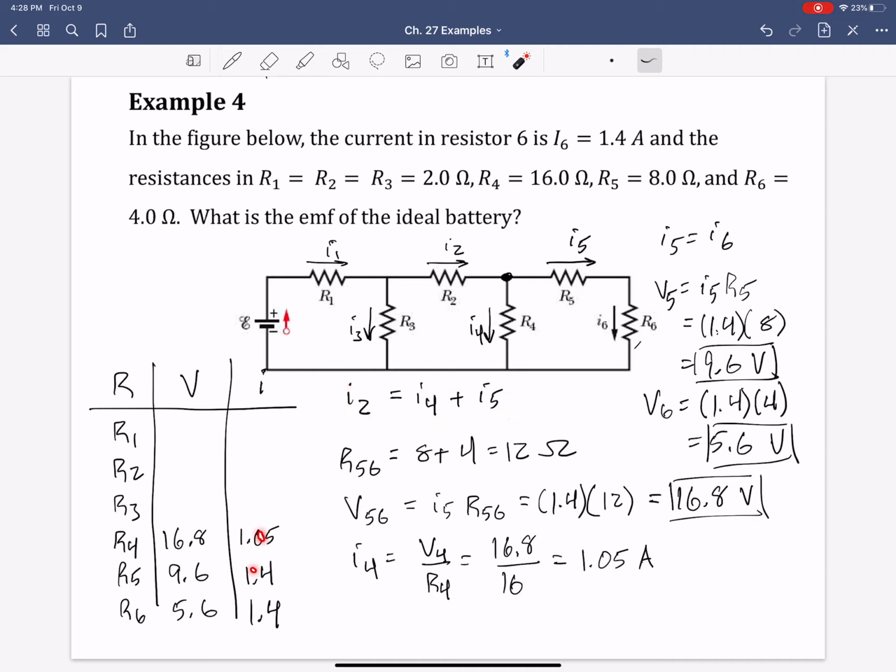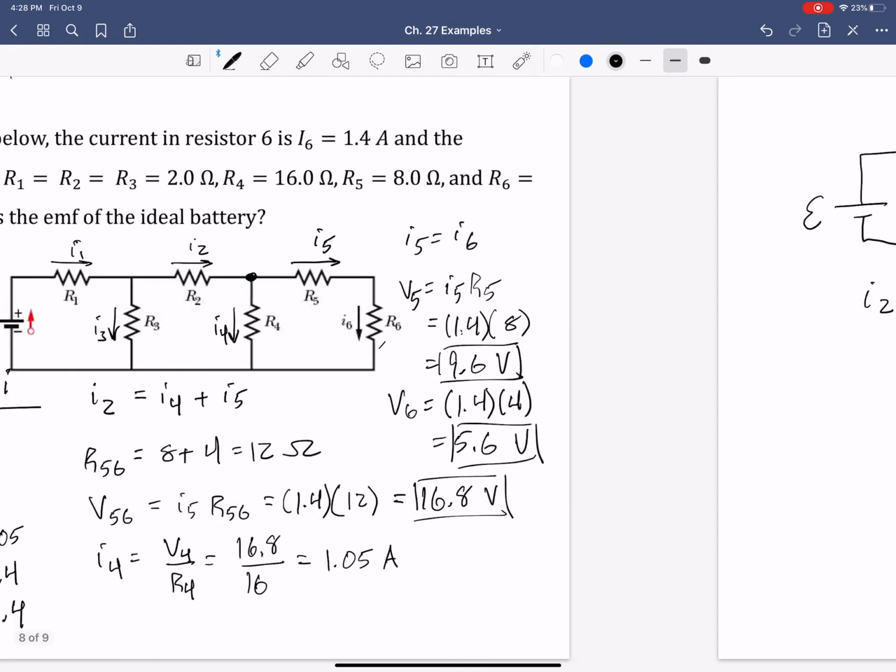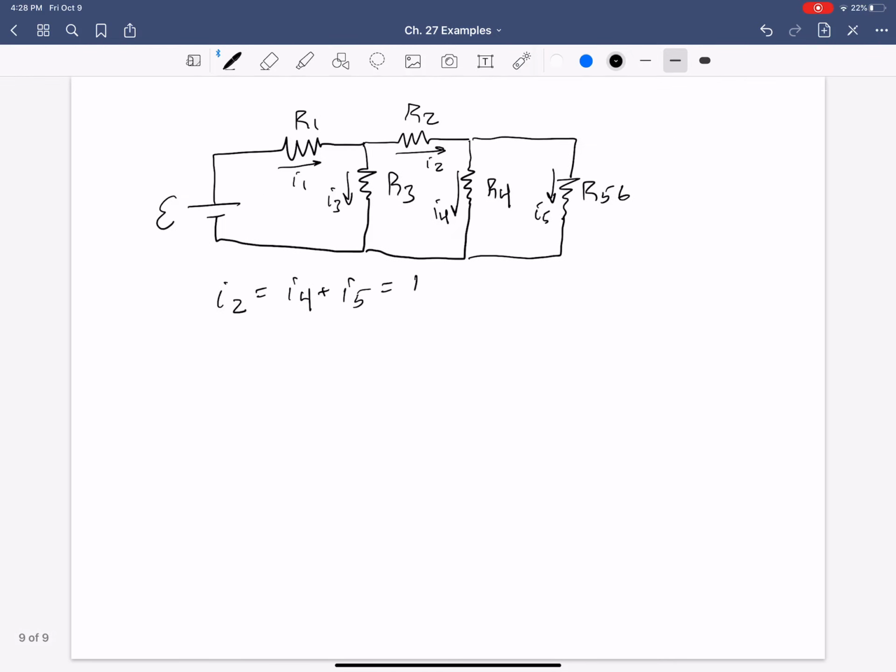Well, we have both 4 and 5. So therefore, I2 is I4 plus I5. Therefore, 1.05 plus 1.4. Thus, the current through resistor 2 is 2.45 amps.